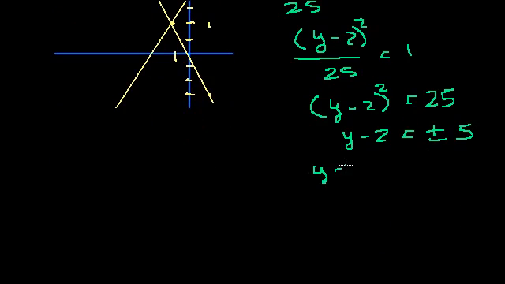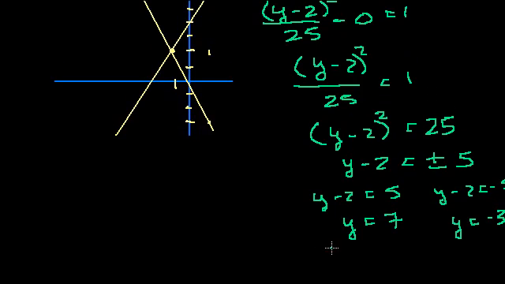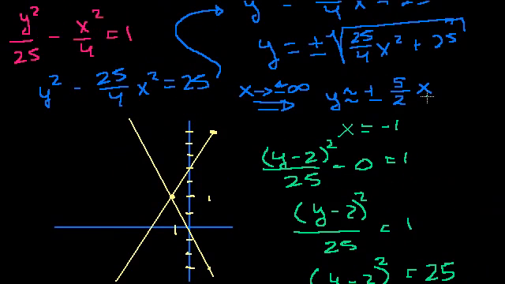So y minus 2 is equal to positive 5, or y minus 2 is equal to minus 5. Add 2 to both sides, you get y is equal to 7, or y is equal to minus 3. So we know that the points -1, 7 and -1, -3 are both on this graph. So -1, 7 is here, 1, 2, 3, 4, 5, 6, 7, and -1, -3 is also on this graph.